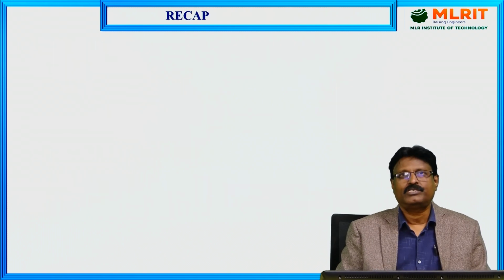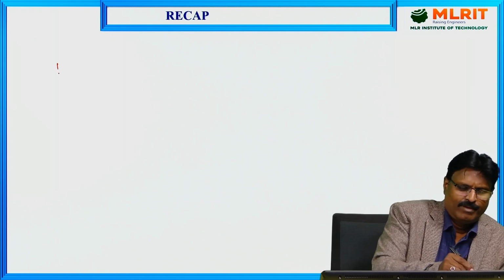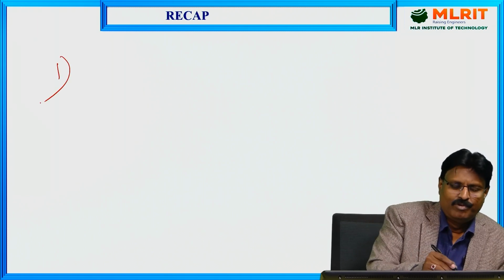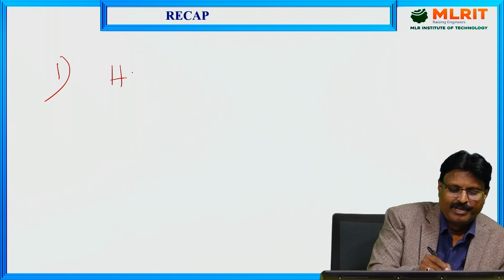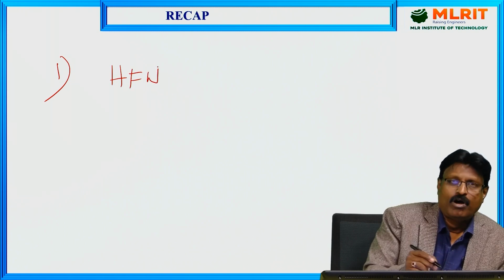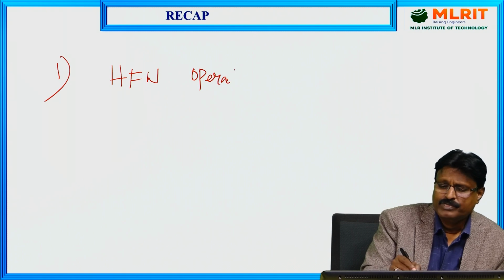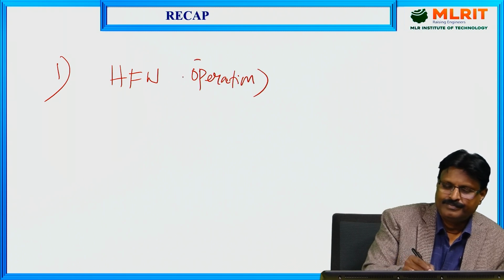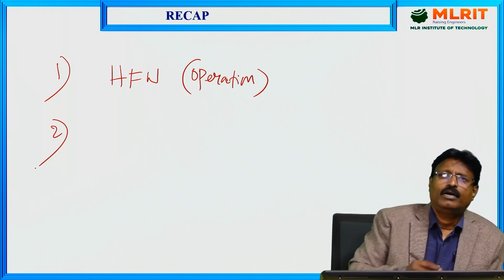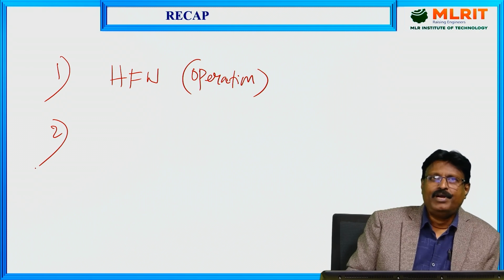So with this, I can stop here and let me recap the things. First, I explained the circuit diagram of the half-wave rectifier. Its operation I explained with the help of the circuit diagram and waveforms. And next, I derived the parameters related to the rectifier which judge its performance.